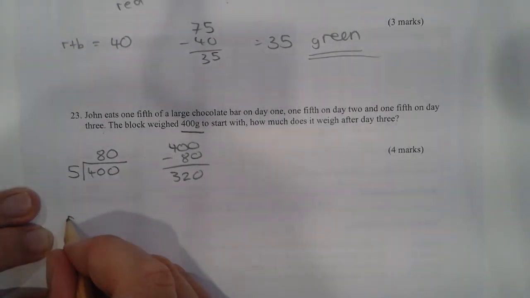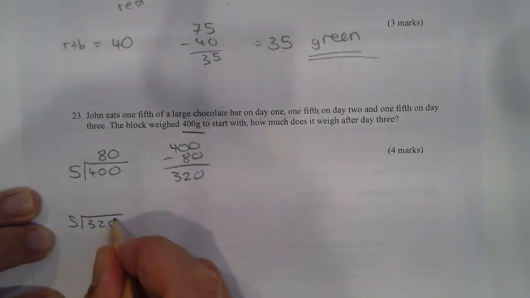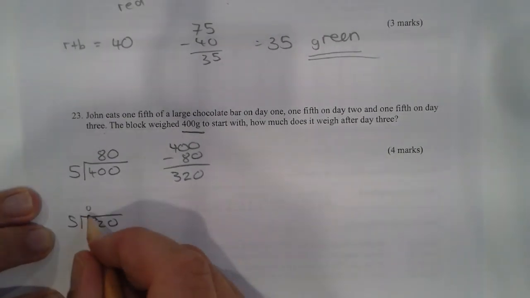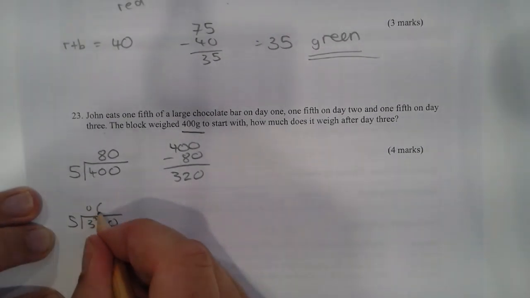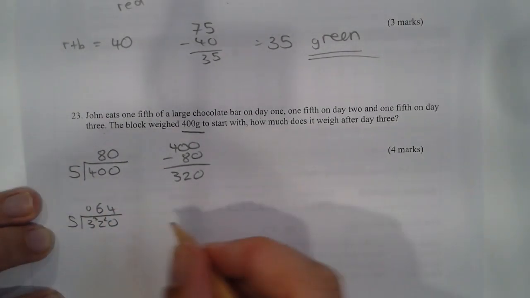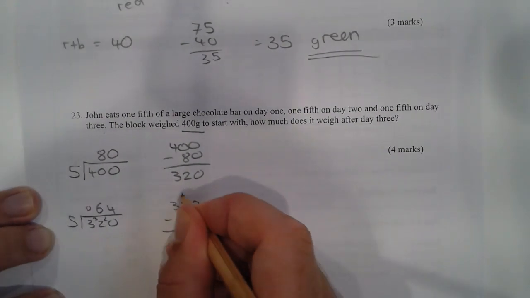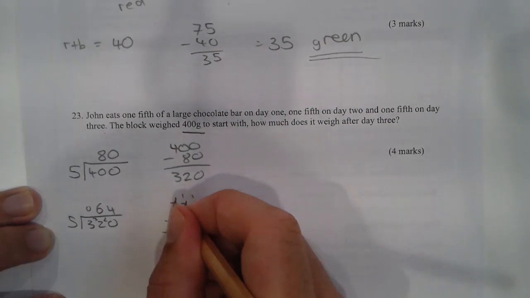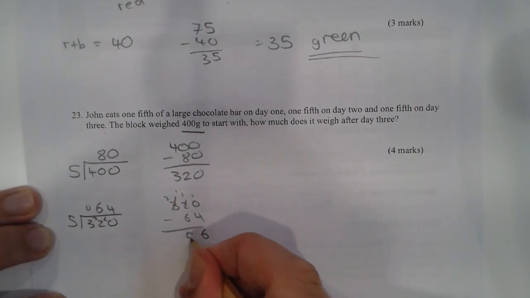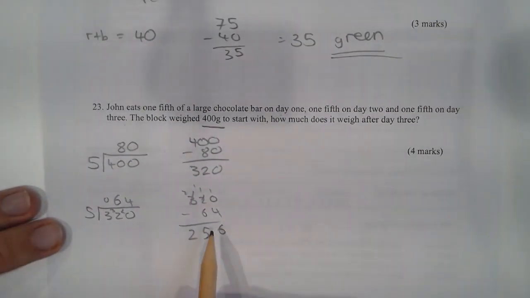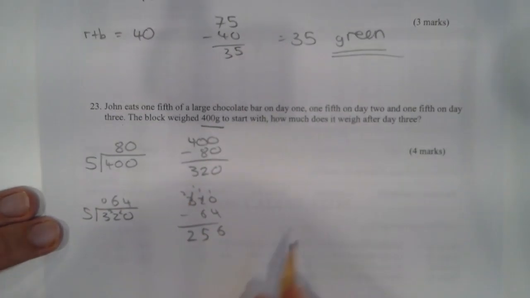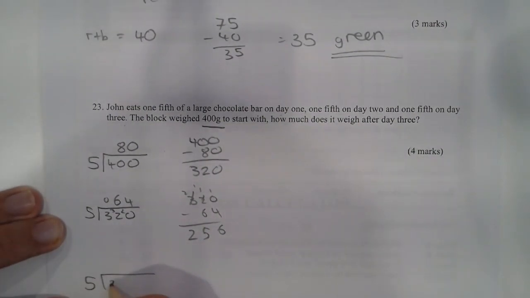Right, day 2. Carry the 3, 5 times 6 is 30, 4, so he eats 64 grams on day 2, so we'll take away the 64. 10 take away 4 is 6, 11 take away 6 is 5, and that's 2, so there's 256 grams left. And on day 3, we do the same.